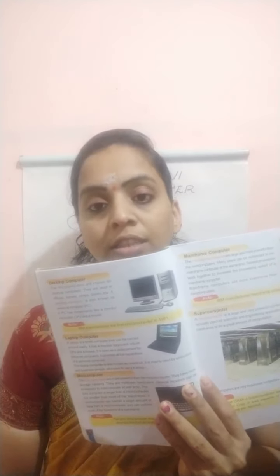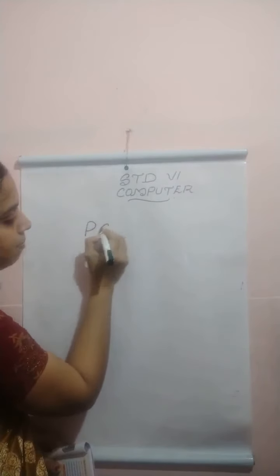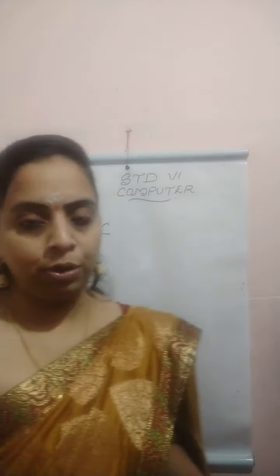Okay, you know all the parts: monitor, keyboard, mouse and CPU. Okay, in some computers there will be a printer, or speaker, or microphone. Some other external parts will be connected to this PC or this desktop computer. And another name of this desktop computer is PC. PC means personal computer.